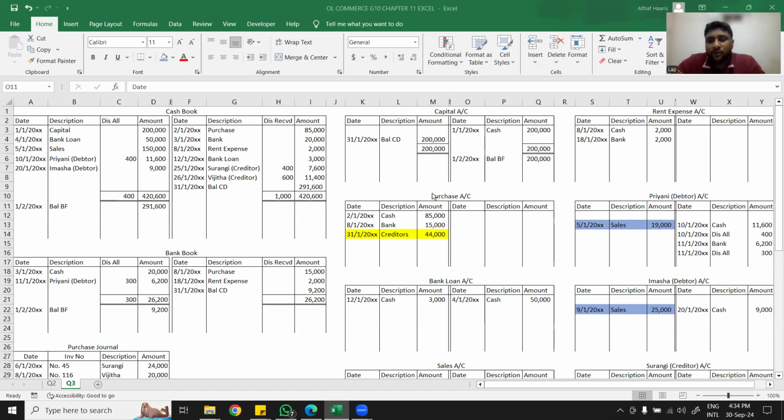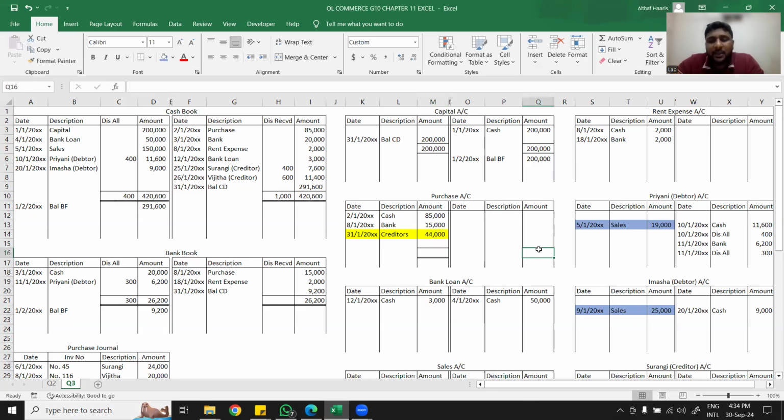So what you can do, people, if you want, you can just leave it like this, and you can directly take the value to the trial balance. This is not the proper way. I'm telling you, this is not the proper way of doing. Until you get the learning, you can do it like this.